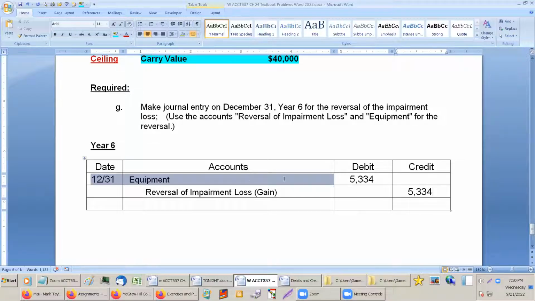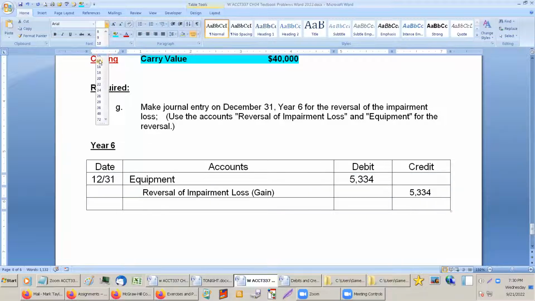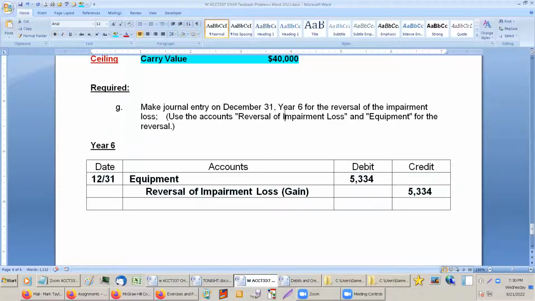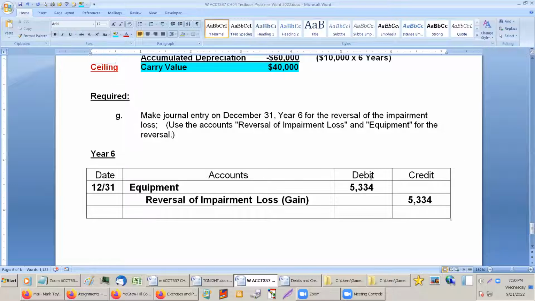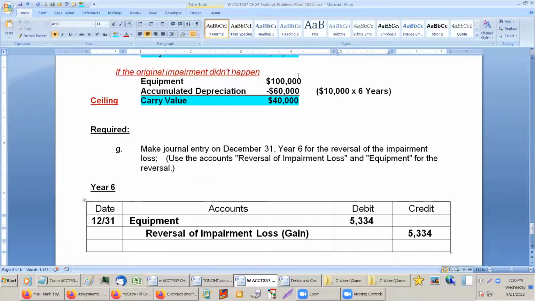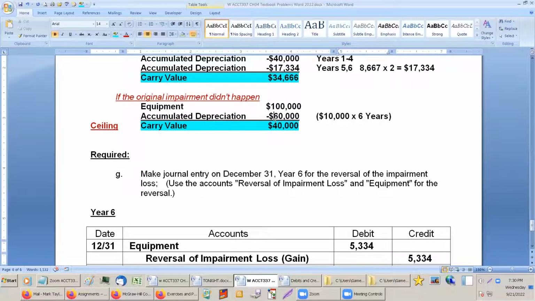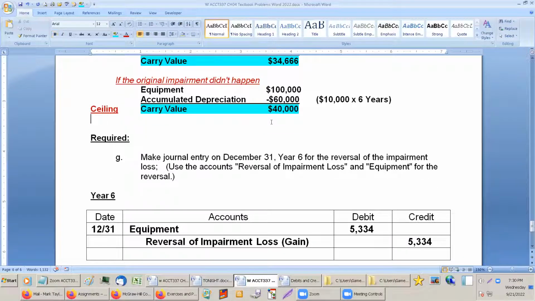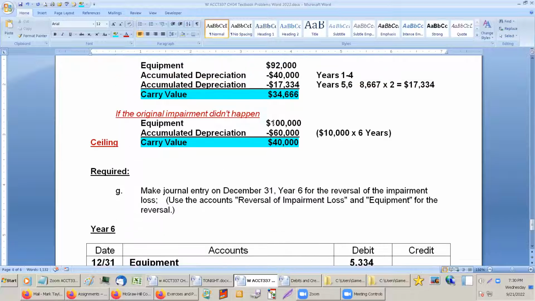And after all that, we would be right back where we were. You know, if you add 5,334 to this, you're gonna get the 40,000. There's 4 more years left. Divide by 10. And you'll be there.